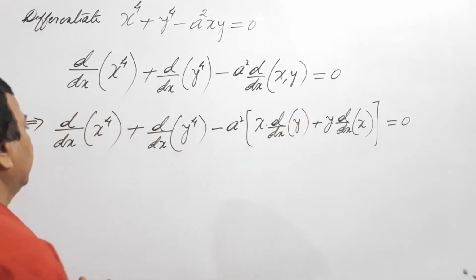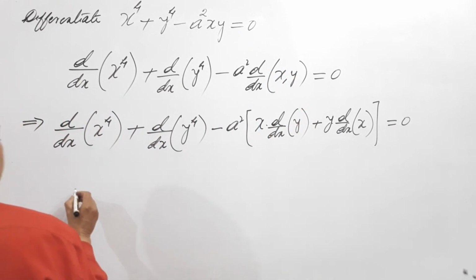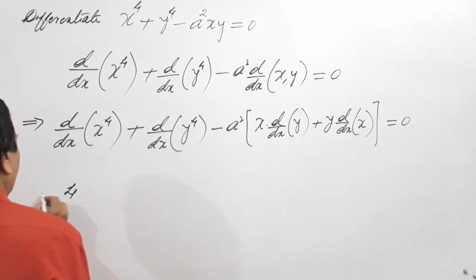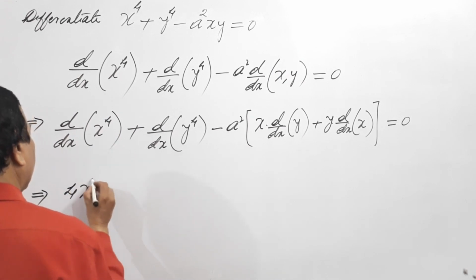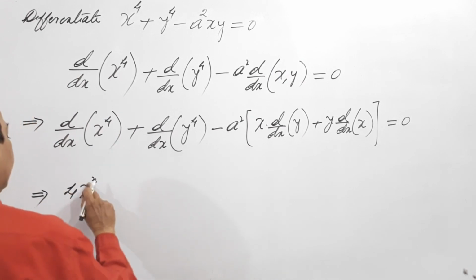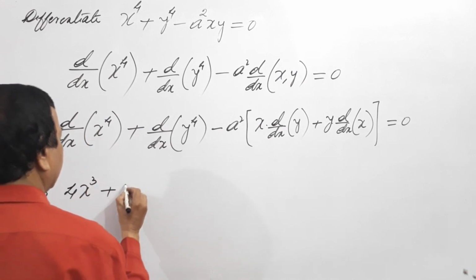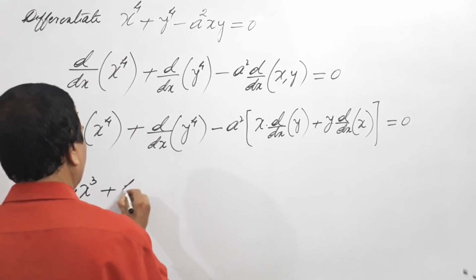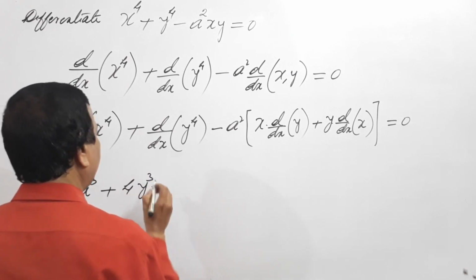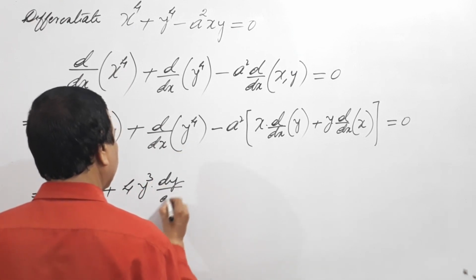So let's differentiate this. This is of the type x to the power of n, that becomes 4 into, that is 4x cube, plus 4y cube and dy by dx.